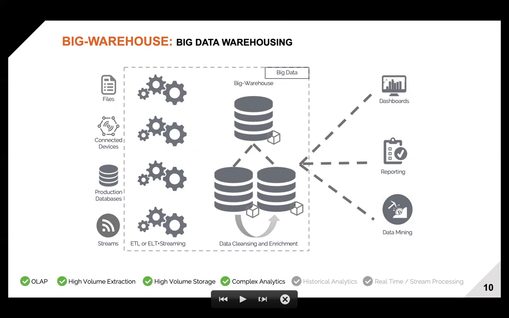The advantage of this architecture is that now we can extract and store high data volume, and then we can also do complex analytics thanks to the collocation of the storage and the processing.